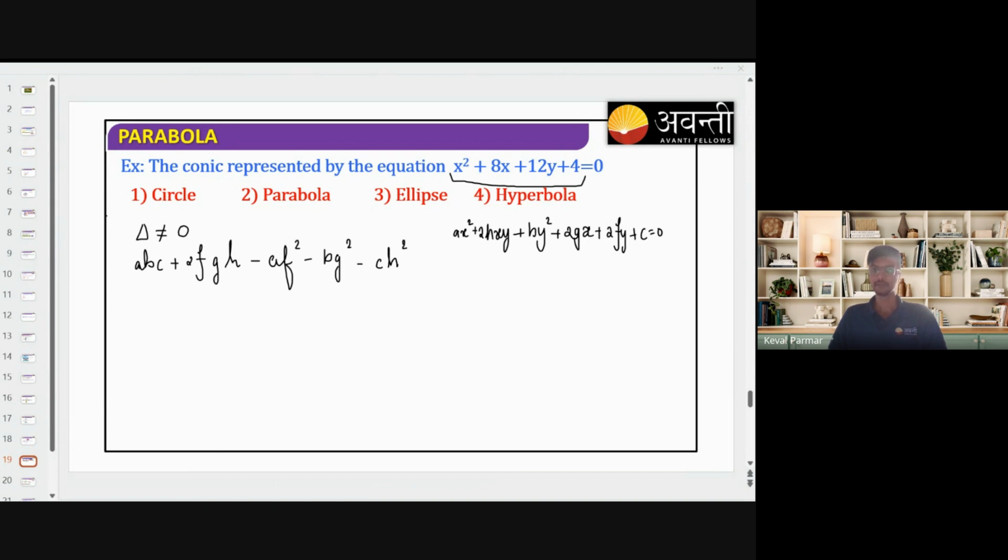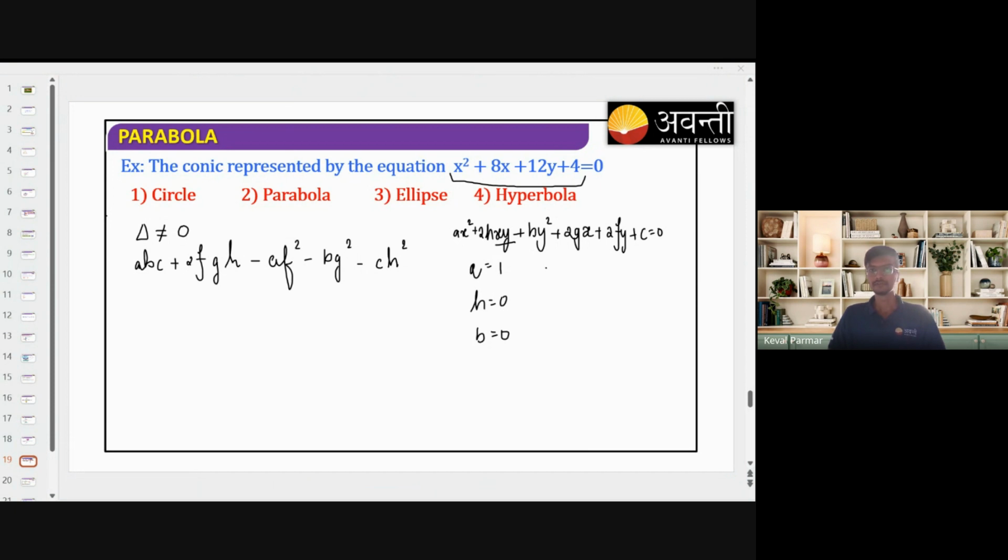I hope you are doing it with me. So if we compare, we'll get A equals 1. We'll get no xy term, right? So h equals 0. There is no y square either. That means B is also 0.